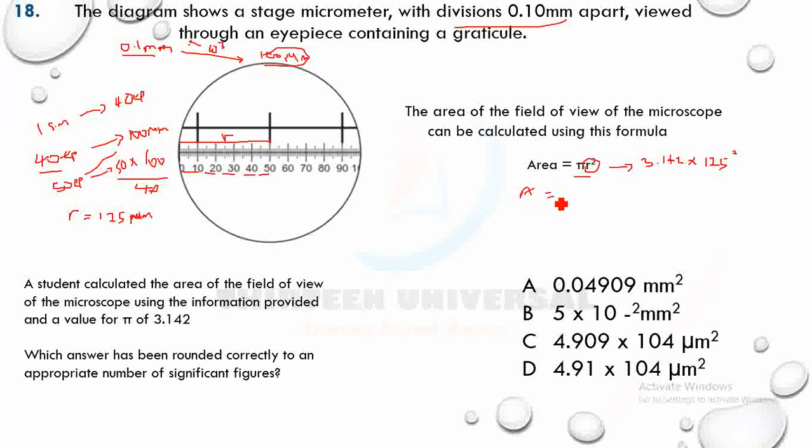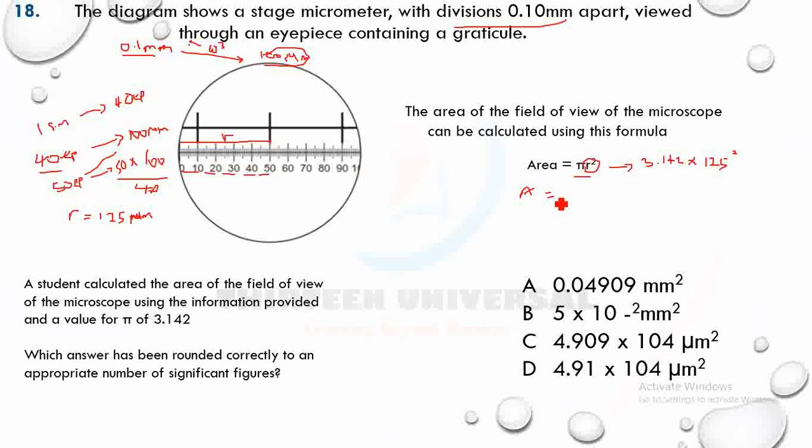Let me punch it. 125 squared is 125 times 125, that gives you 15,625.